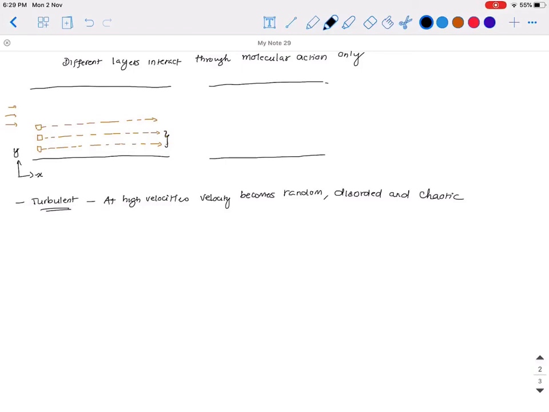If we consider a layer of one fluid particle, instead of moving along its layer, it does its own thing. It is completely disordered and chaotic. If we consider another particle, it can also go in a completely disordered manner.